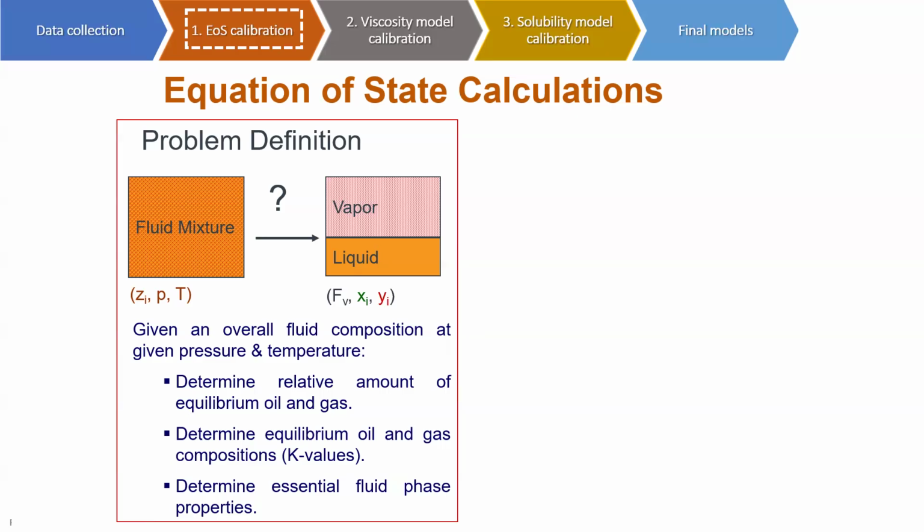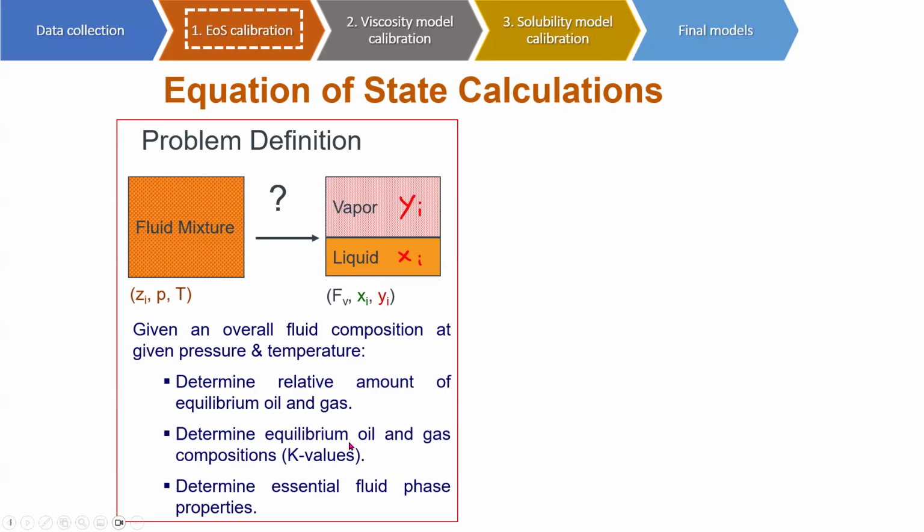And to do this, you need to have an equation of state to help you. So the amount in the vapor phase will be represented by Y, and the liquid phase will be represented by X. So one possible application of the equation of state is to predict the relative amount of oil and gas in equilibrium, for a specific pressure and temperature.